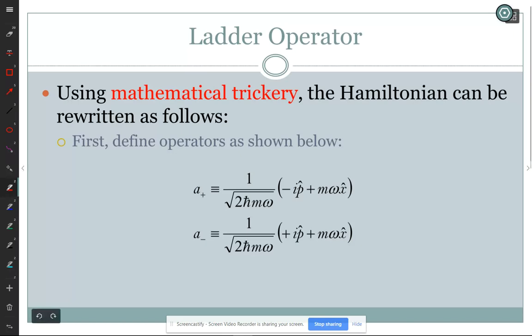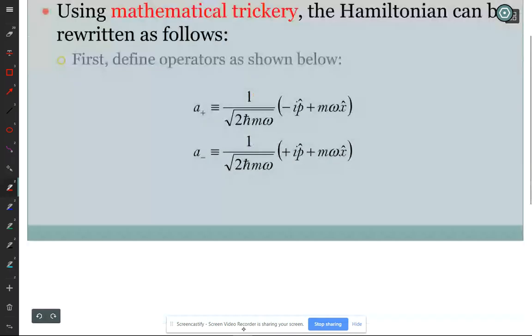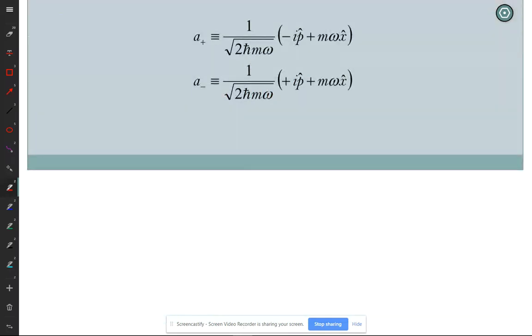Now, what I want to do from this point is to consider what is A plus A minus. So if I just do that, I don't think I did this last class period, did I? We did it, but pretending that they weren't operators. Right, right.